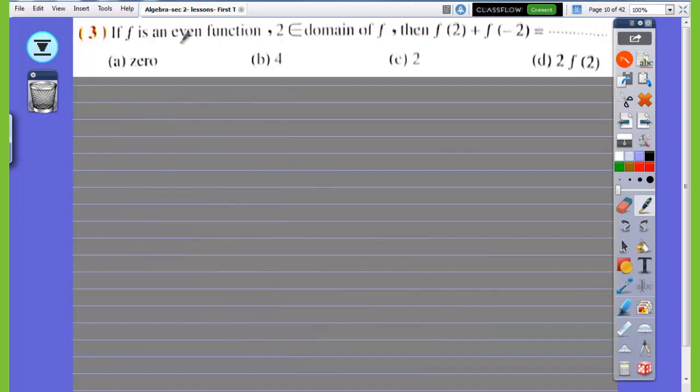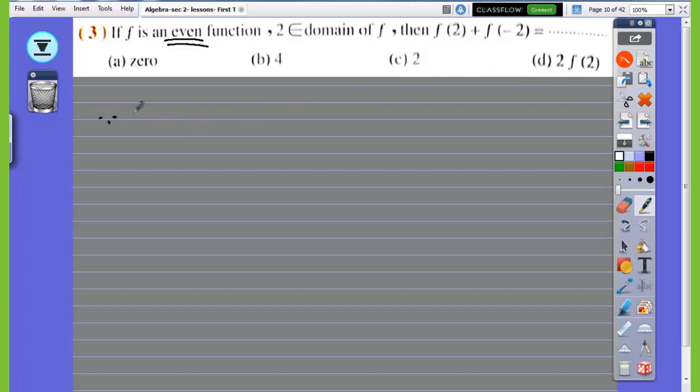If f is an even function, and the 2 belongs domain of f, then f of 2 plus f of negative 2 equals 0, 4, 2, or 2f2.